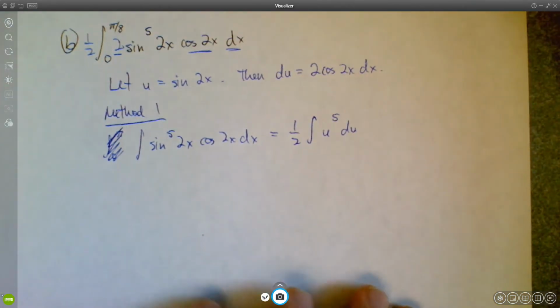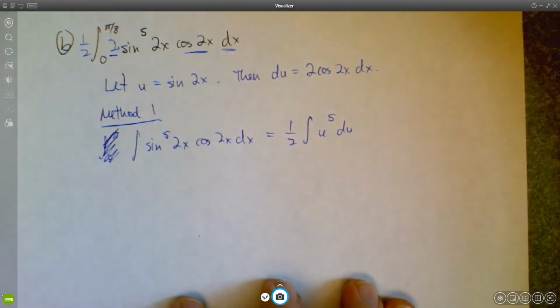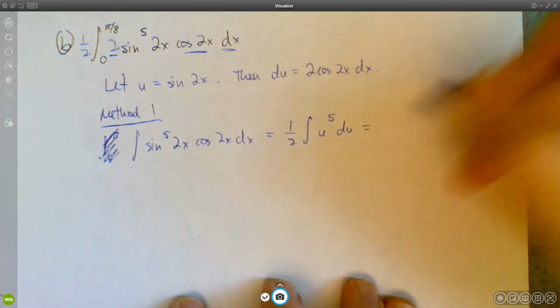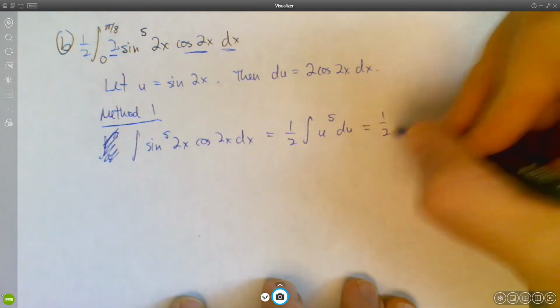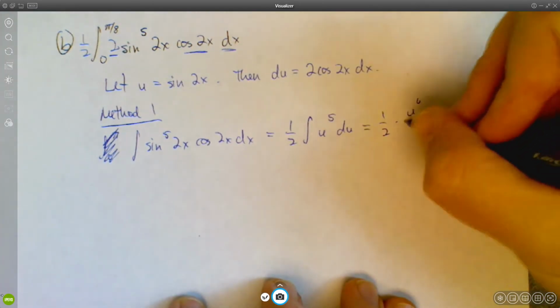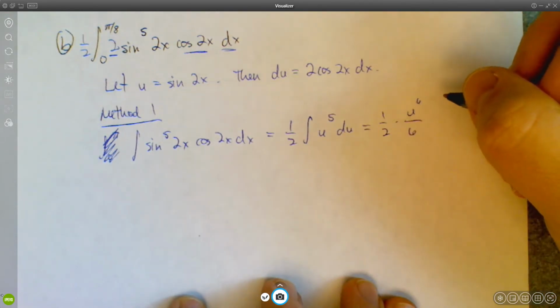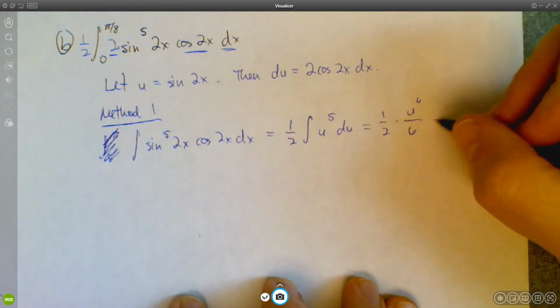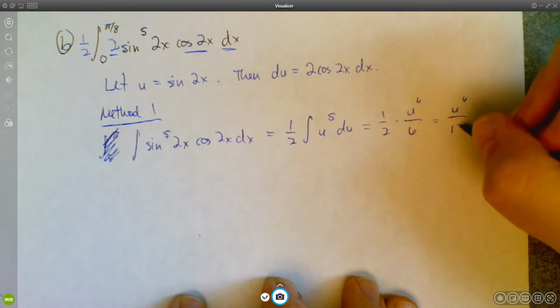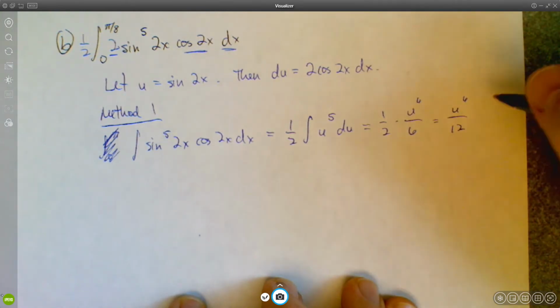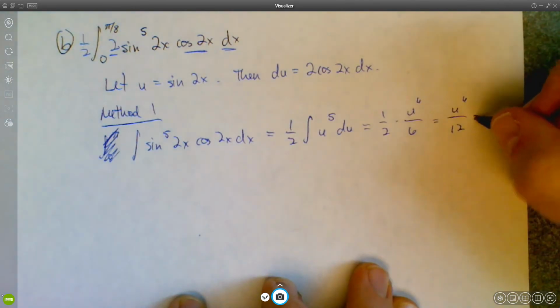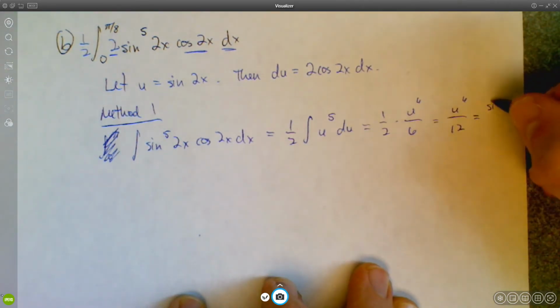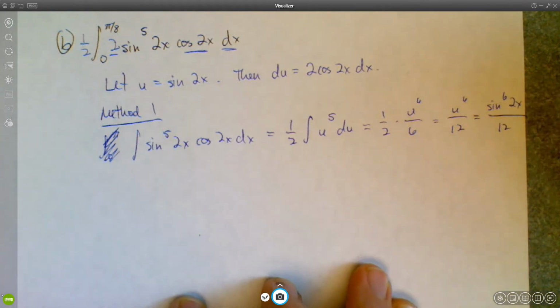Okay, and that's 1/2 times u to the 6th over 6. Or in other words, u to the 6th over 12. U was sine 2x, so this is sine to the 6th of 2x over 12.